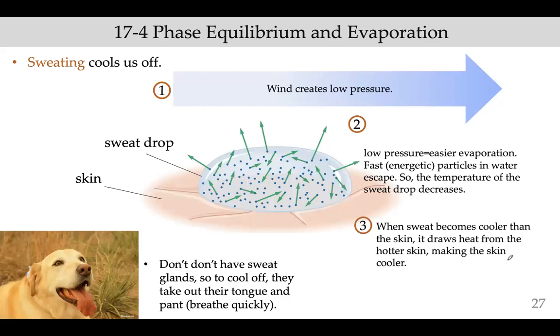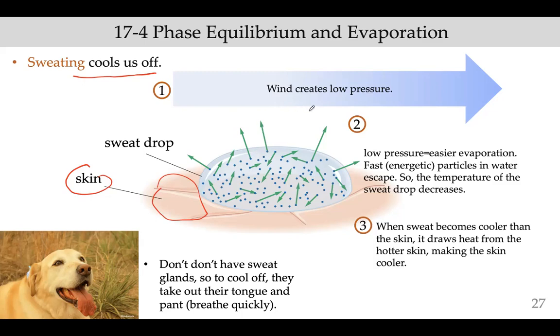Okay, now let's talk about sweating. Sweating cools us off. In this picture, this part is our skin. When we sweat, our sweat glands produce this drop of liquid, mostly water. Let's say this is the sweat drop.